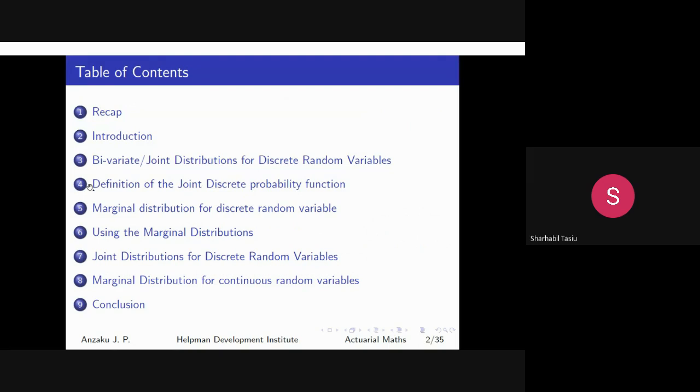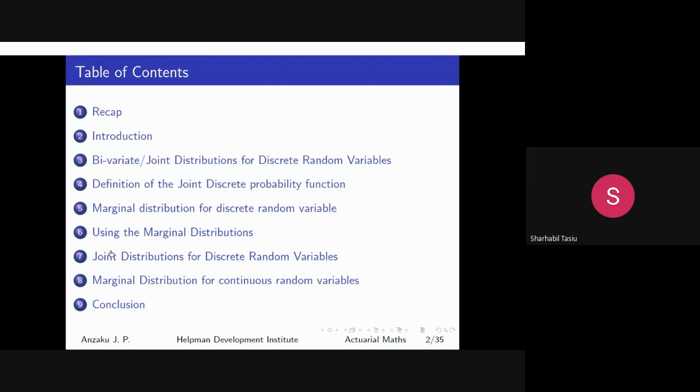So we're also going to have the definition of the joint discrete probability function. We will also look at the marginal distribution for discrete random variable. Marginal, what does it mean to be marginal? When we say we're looking at the marginal distribution of probabilities, what are we doing? We're going to understand how to use the marginal distributions in estimating problems, especially as it concerns actuarial science.